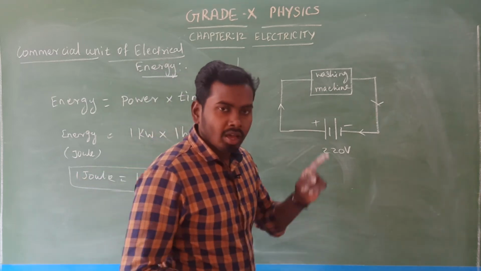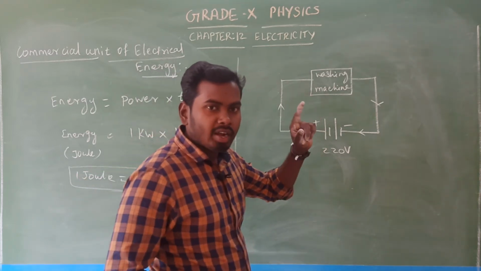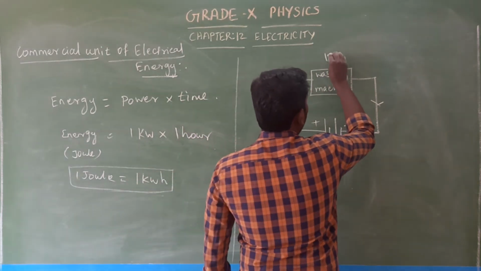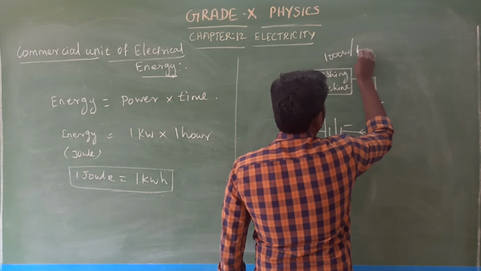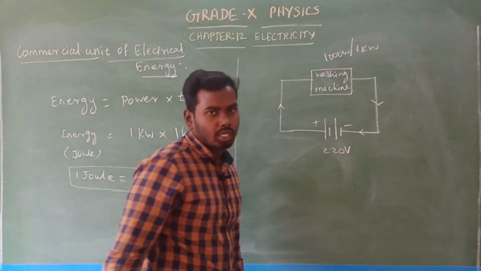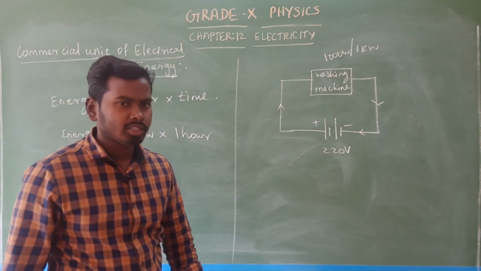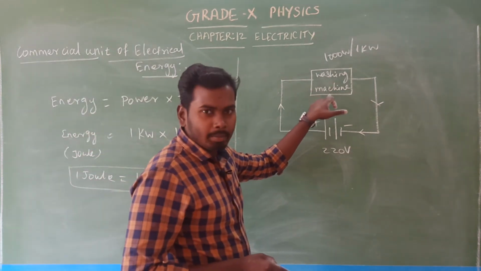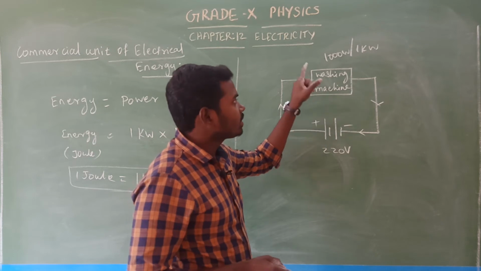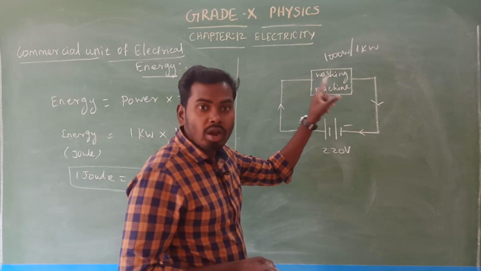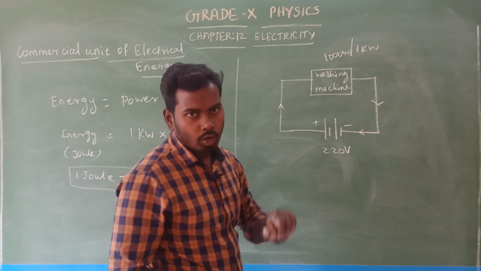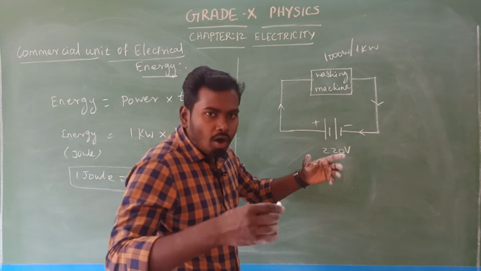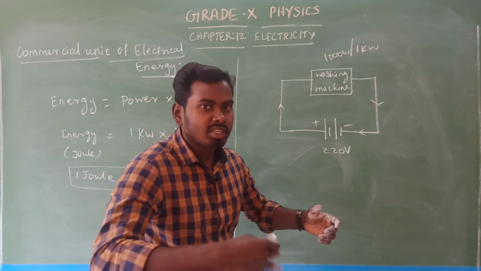Note this point: its power rating is, just consider, 1 kilowatt, which means 1000 watt, because 1000 watt is equal to 1 kilowatt. We apply the potential difference, due to which the washing machine is functioning and running.